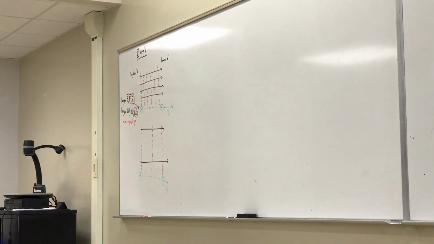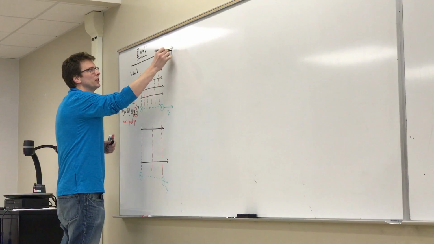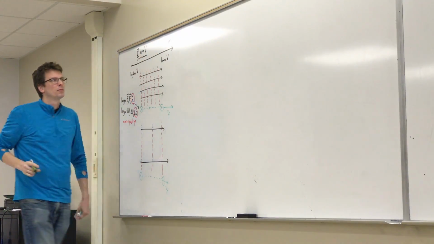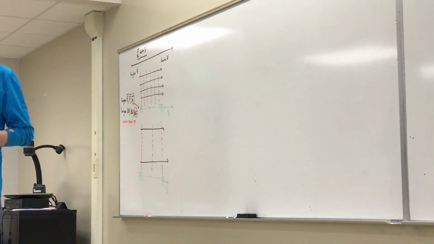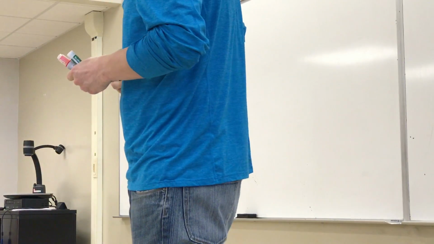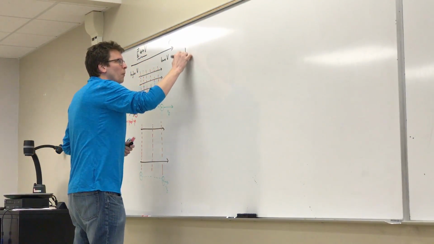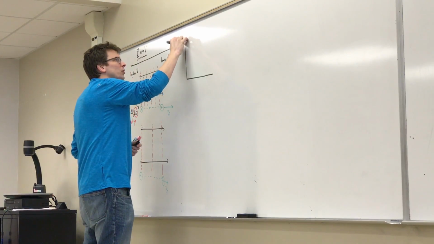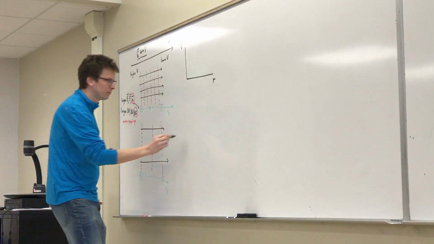In fact, I might even make a graph. Let's say I have my r-axis going this way. I can make a plot of what happens with the voltage versus R. Notice in both cases that I am going to lower voltage. Let's draw a graph. So what does the voltage look like versus R in both cases?